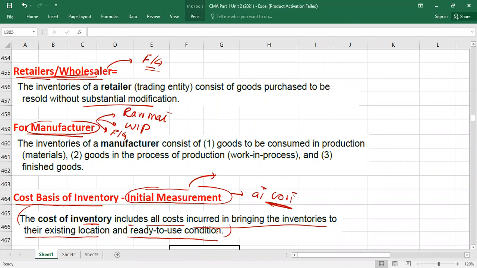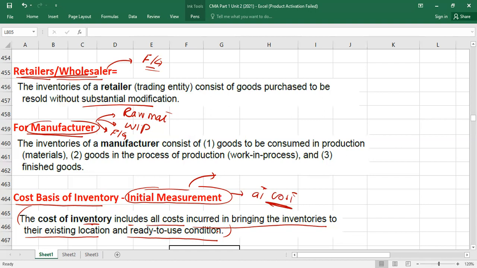And second is what? Ready to use condition. Present location means what? For example, you are buying raw material from USA. You are living in UAE. Okay, you are doing your business in UAE. So you are buying raw material from USA. Now all the cost which you will incur to bring the inventory to UAE location, right, to your business location, this will be the part of cost.